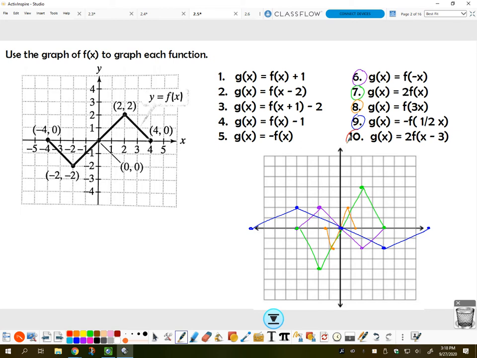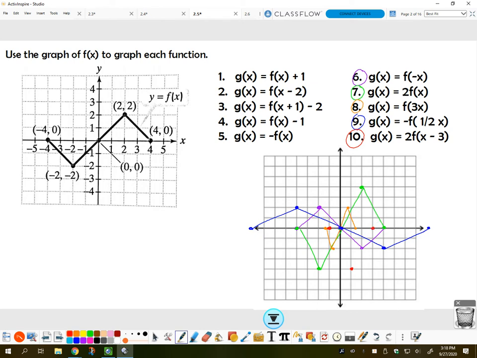Okay, so we are going to double our y's and add 3 to our x's. So negative 4 plus 3 is negative 1, and you can't double 0. And then let's see, for negative 2, 2, we are going to add 3, so that would be at 1, and then double negative 2, negative 4, so 1, negative 4. 0, 0, we add 3, but you can't double 0, so it's there.